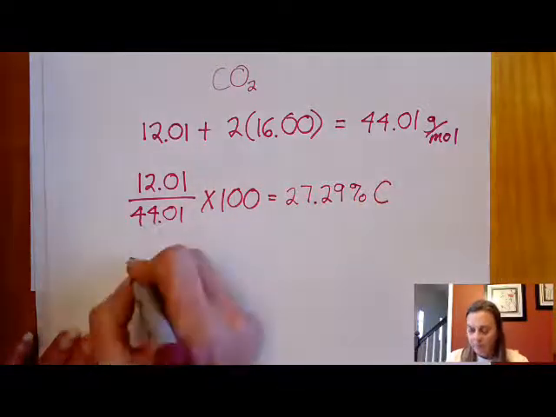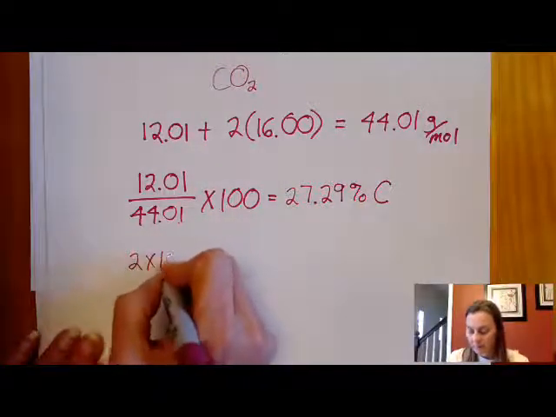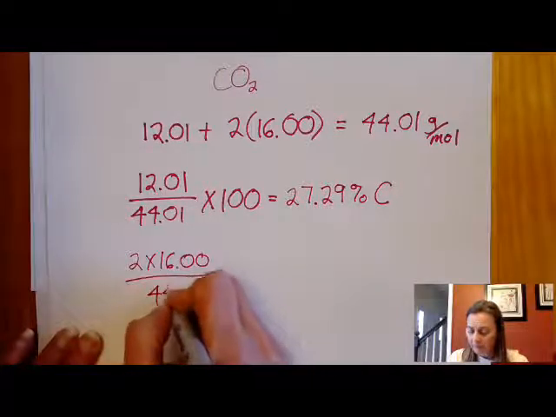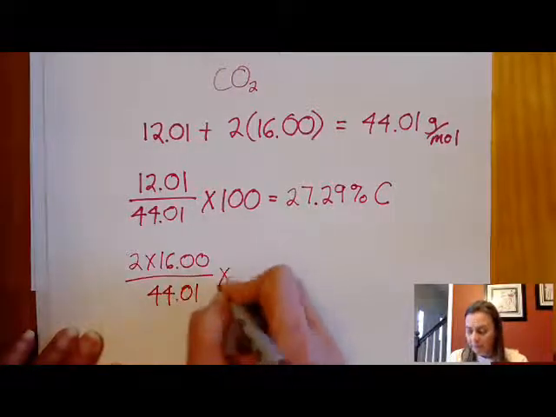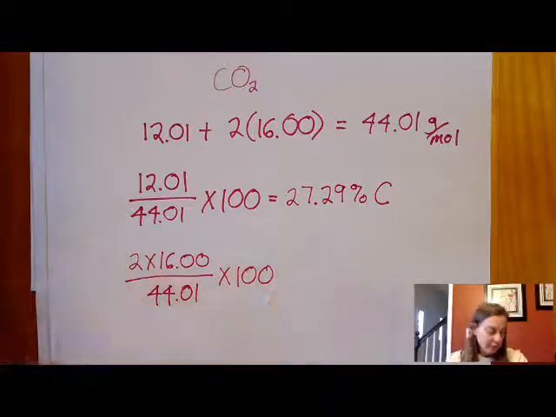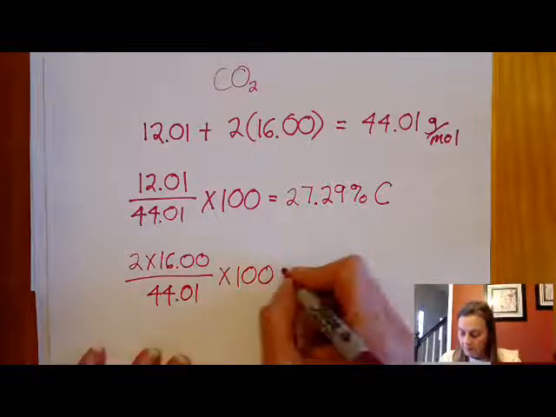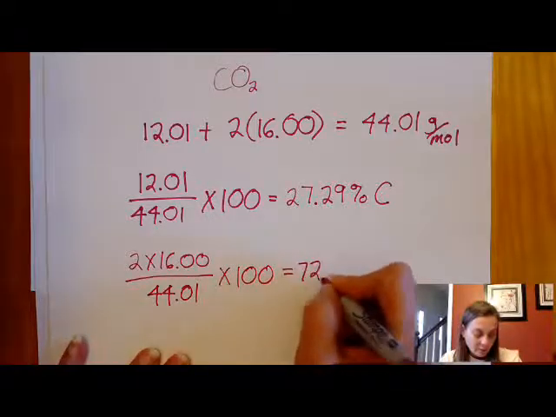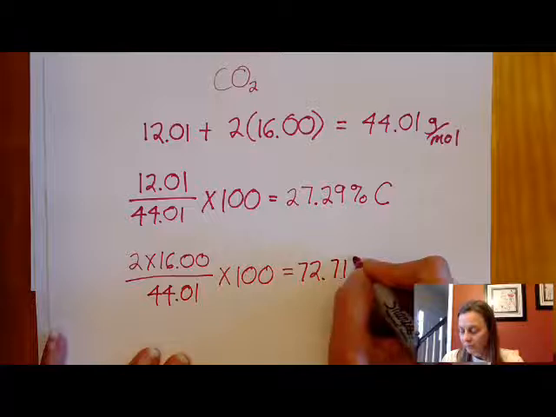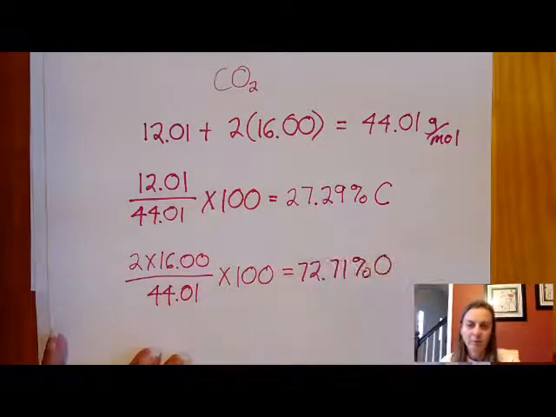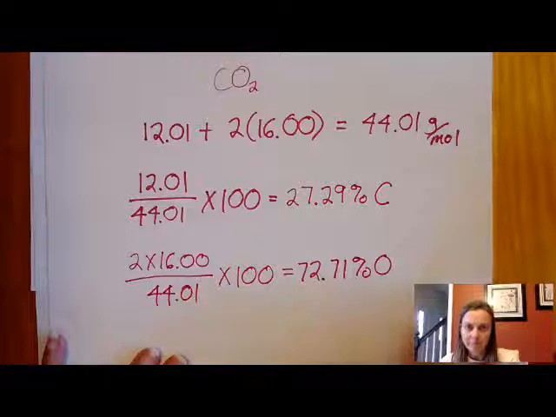And then we'll take the 2 times 16.00 divided by 44.01 times 100 to find that it is 72.71% oxygen, and again you can see that those two add up to 100. So if you've got the hang of it, you can sign off.